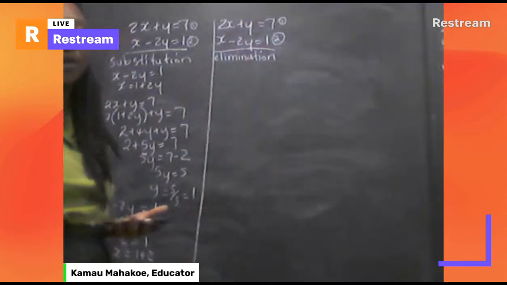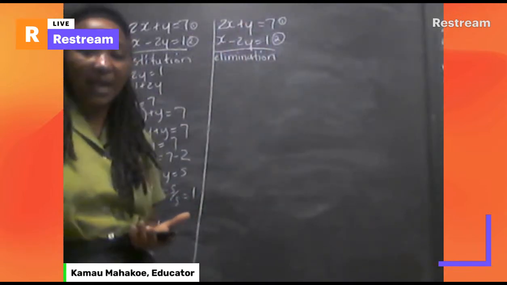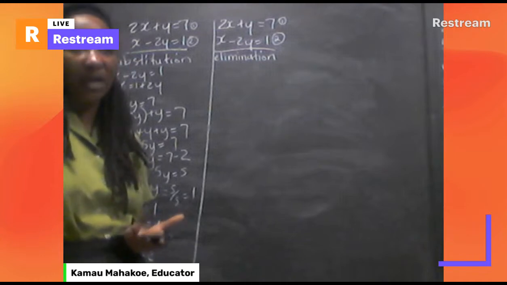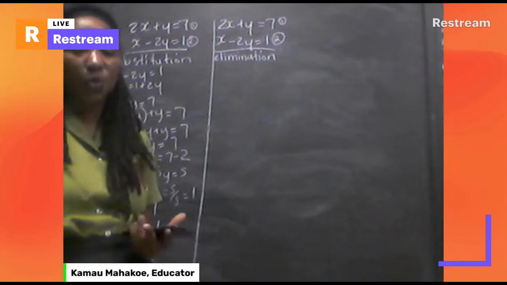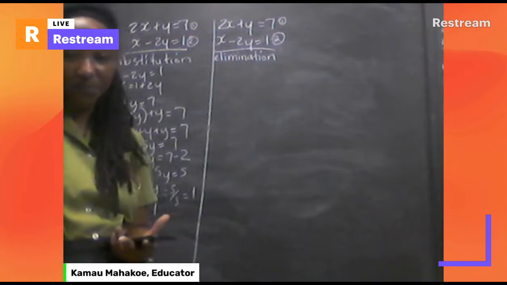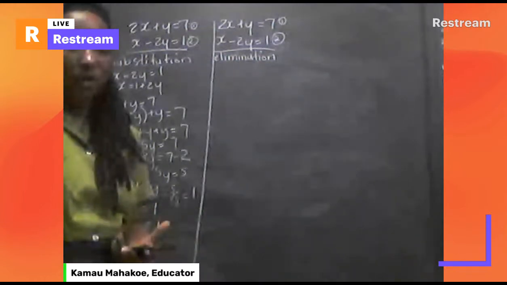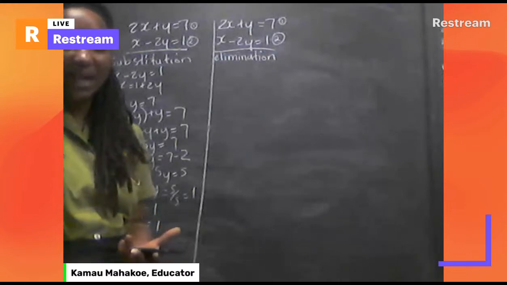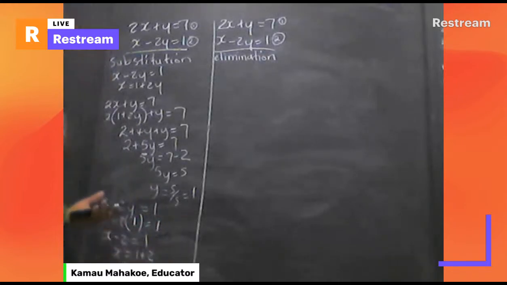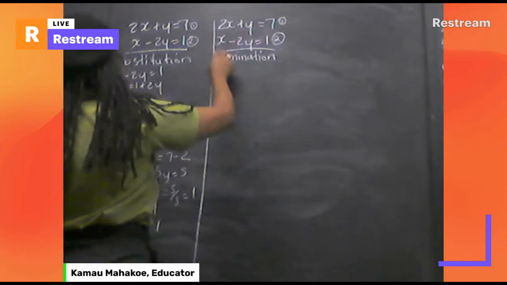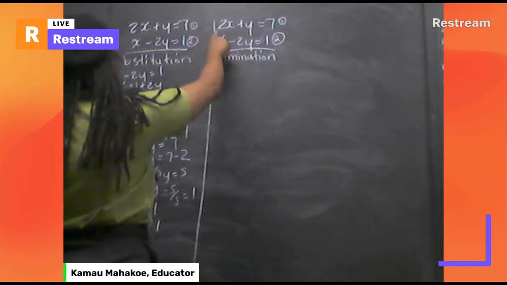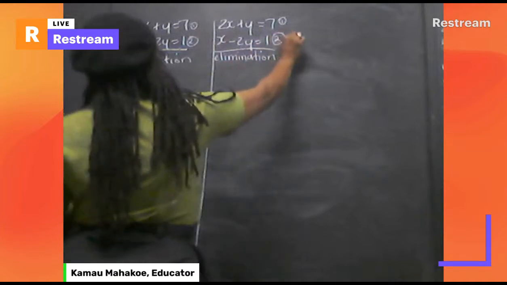It depends on whether you're focusing on the x variable or the y variable. Whichever you choose, you will get the same answer eventually. So I am going to multiply the first equation by 1 and the second equation by 2.